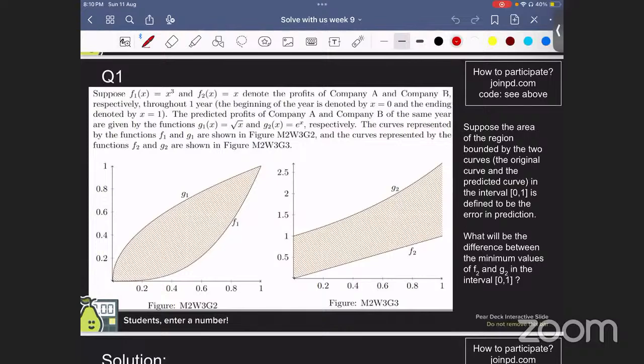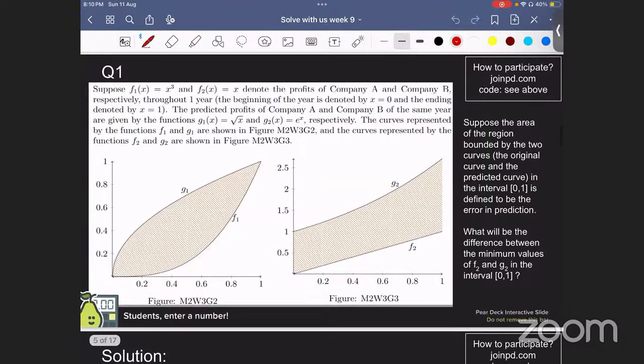How many of you have solved, or do you need some more time to solve it? If somebody has solved, can you tell me how you solved this question?